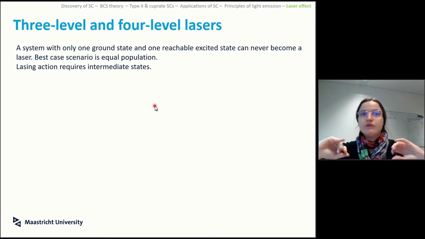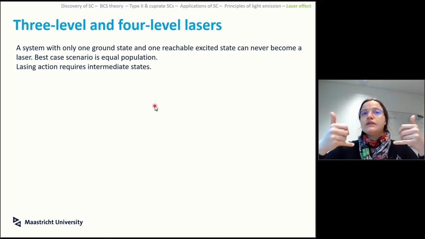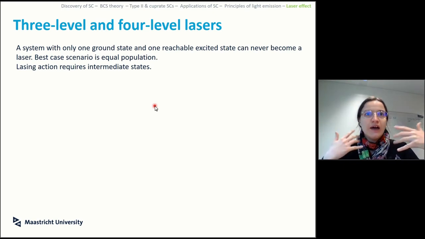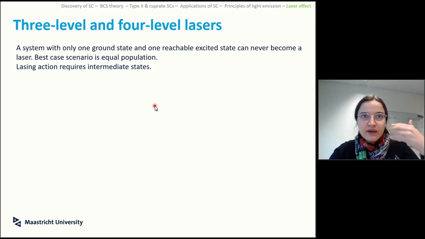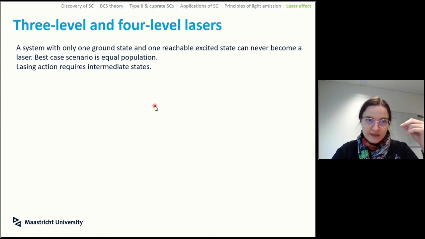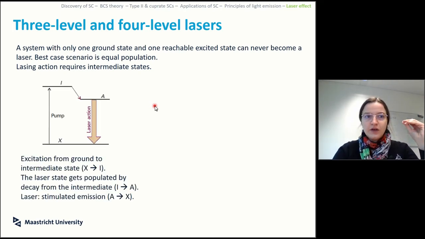You cannot have the ground state completely empty and the excited state completely populated. This is unphysical. Your system will never be able to actually sustain it. So what you want is an intermediate state that by its nature does not get occupation, and that's your empty point.